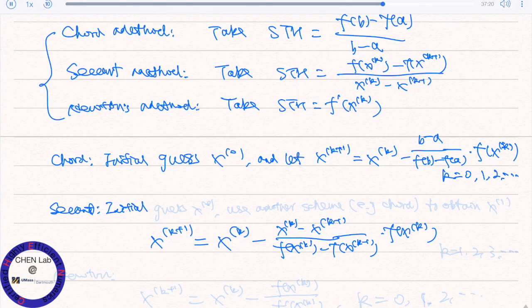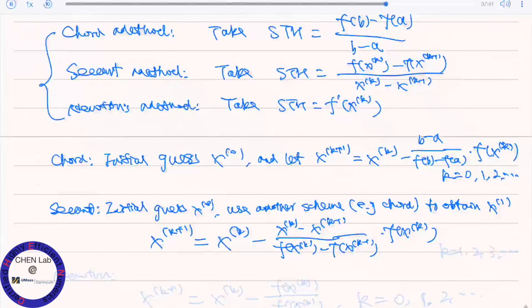Do you see any problem here? We have the initial guess x0, and we use another scheme, for example chord, to obtain x1. Then you can use this. Here the k goes from 1 to 2, 3, and so on and so forth. You get x2, x3, x4.